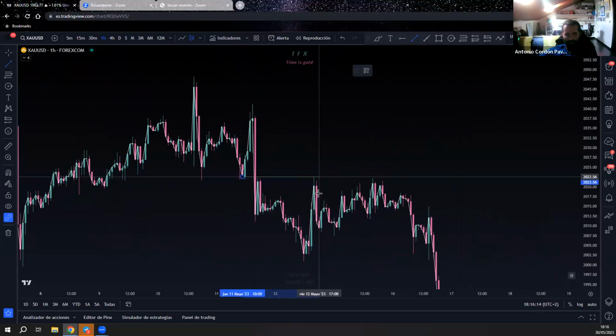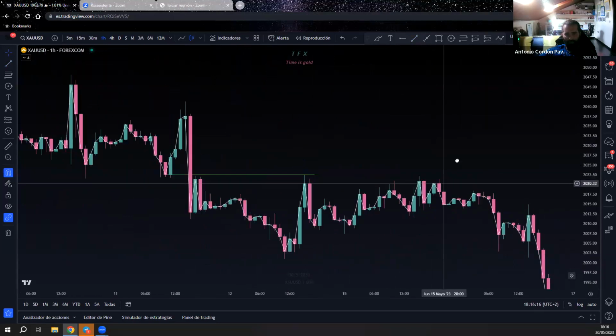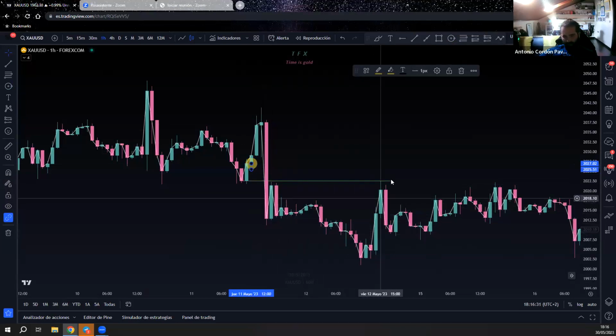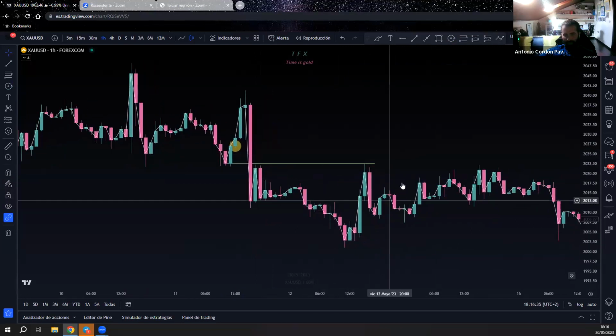Yes, this one is a breakout SNR because we have a miss here. Miss, we break, we have a lot of misses, and then we bounce on the same level. So this is a breakout SNR.